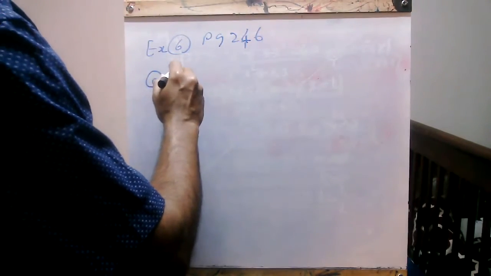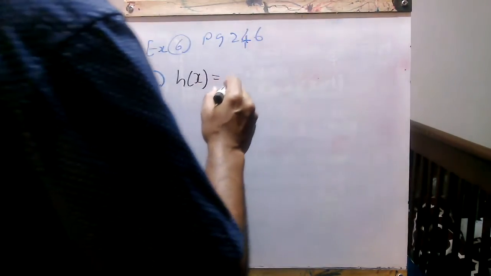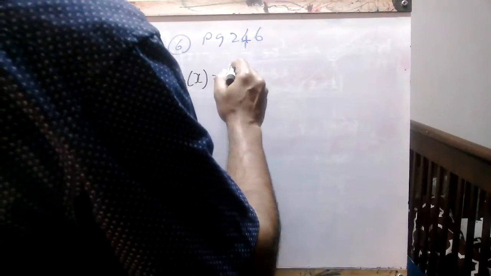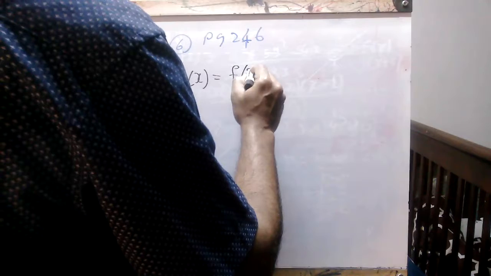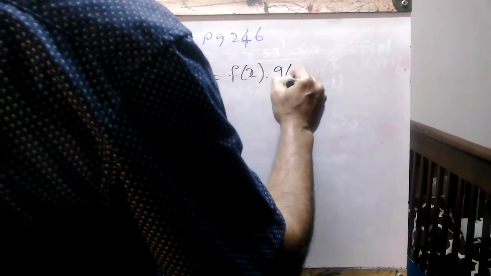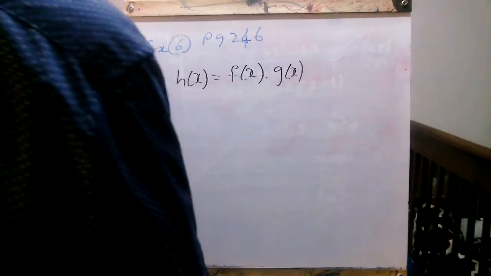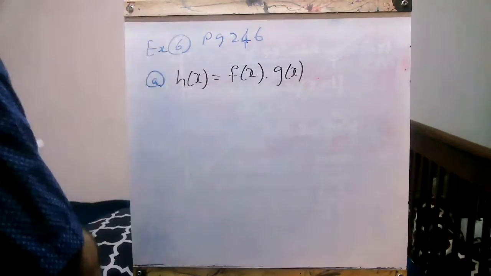h(x) equal to f(x) dot g(x), find h dash 1.